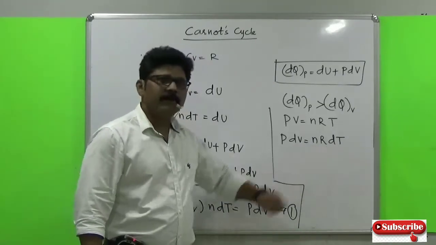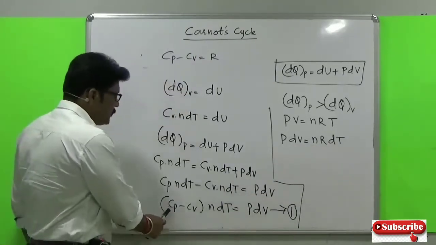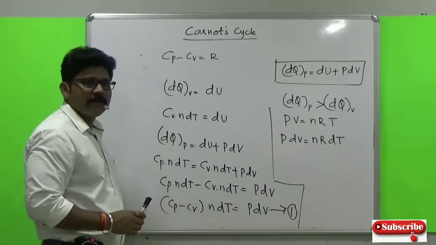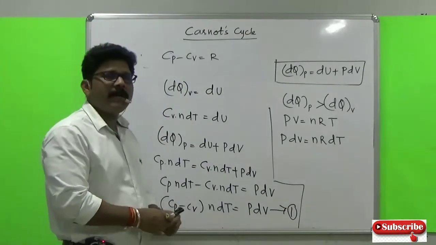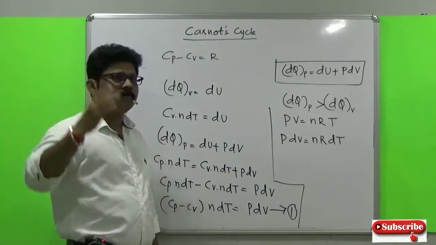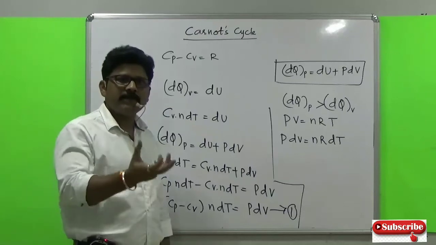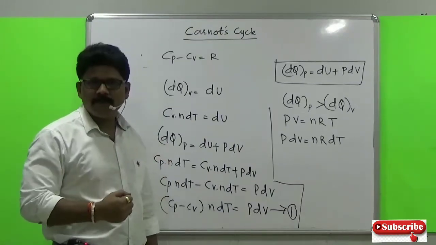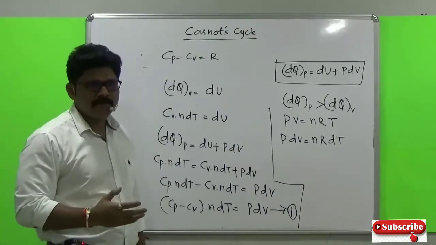So change in temperature, because the Cp में change हो रहा, Cv में change हो रहा. That means whenever you are supplying heat at constant pressure, there is a change in temperature. Whenever you are supplying heat to constant volume, there is a change in temperature.